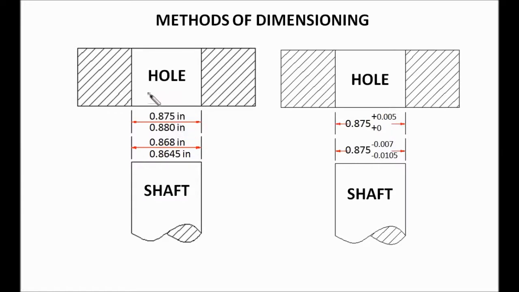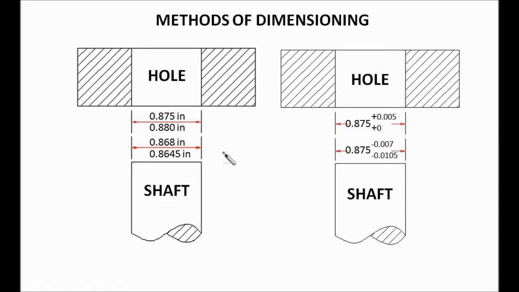So, inuuna mo yung sa hole, yung minimum. Ito naman sa shaft, yung maximum ang unahin mo nasa itaas, 0.868. Ito naman yung minimum niya. Baliktad sila. Dito sa hole, yung minimum ang nasa itaas, at sa shaft naman, yung maximum ang nasa itaas. Ito kasi yung target ng machinist niyan. Itong 0.875 at 0.868. Para magkaroon ka ng allowance na minimum na 0.007.